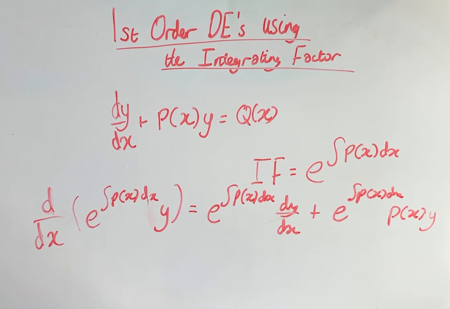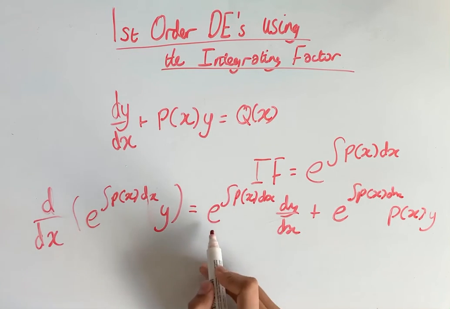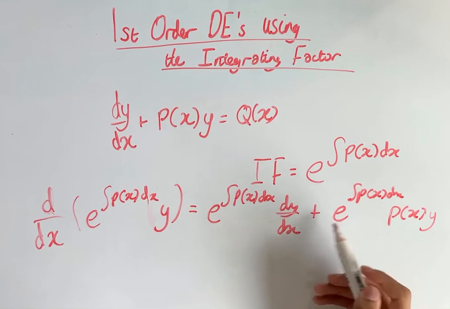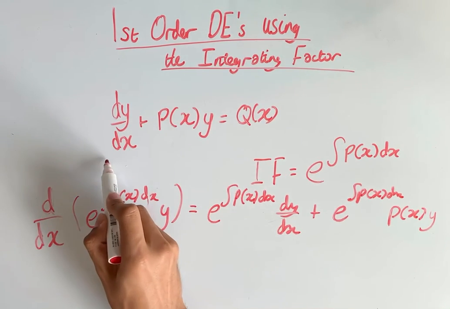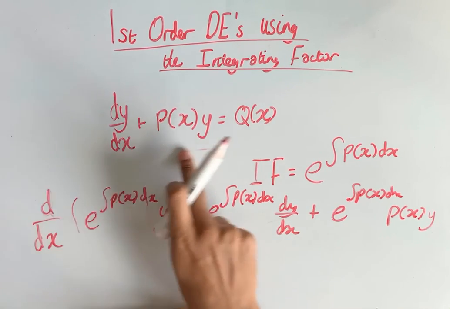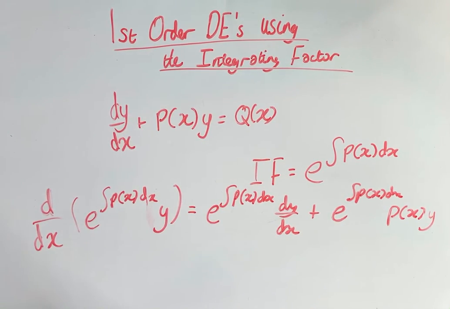And this is useful because if you divide this entire equation by e to the integral of p(x) dx, then you get dy/dx plus p(x)y, which is the form we see over here. And that's why our integrating factor is so important.